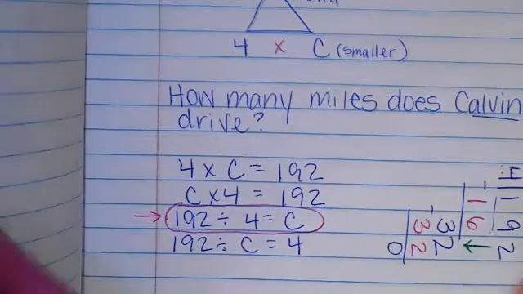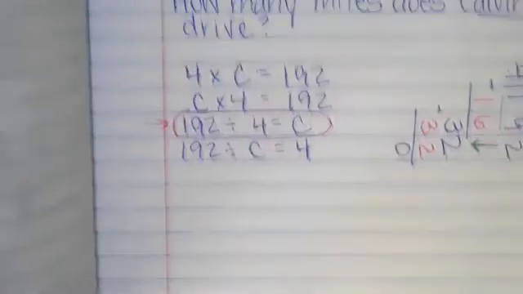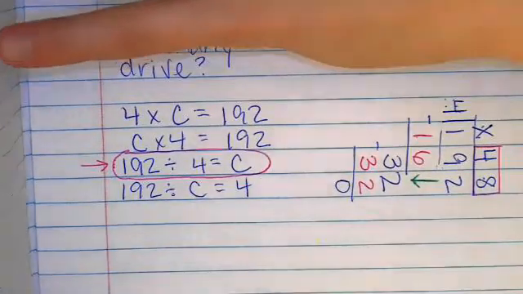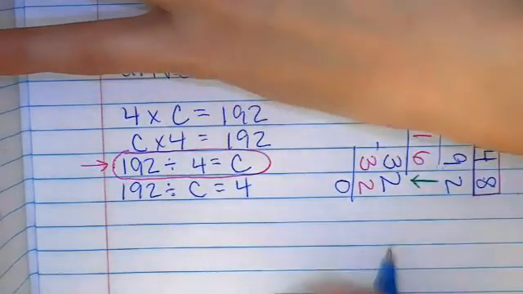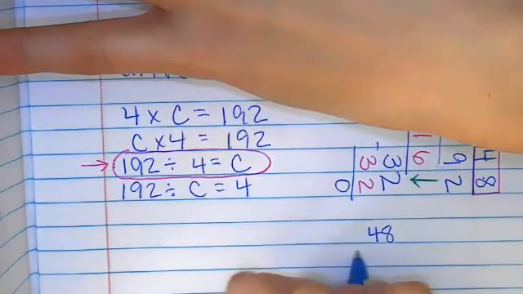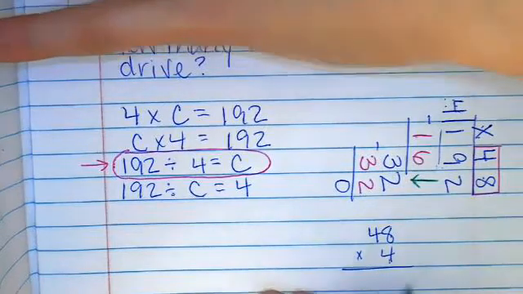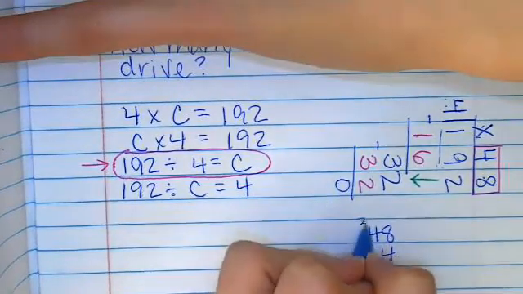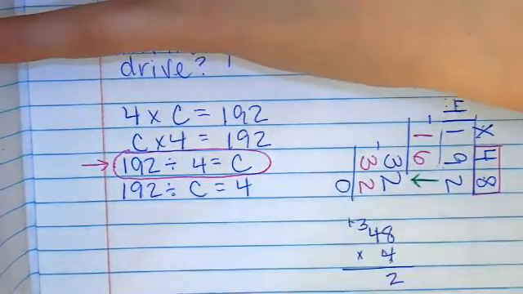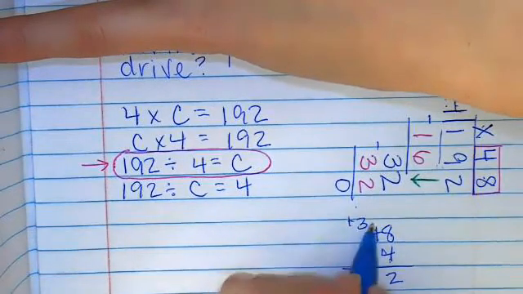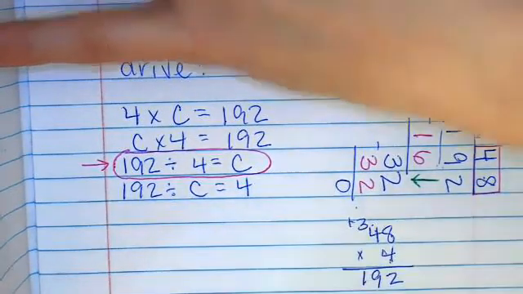I could even check my problem by using the inverse of division, multiplication. I think I'm going to do that just because I want to be sure that I am doing my work accurately. So 48 times 4. 4 times 8 is 32. Drop the 2, regroup the 3. 4 times 4 is 16, 17, 18, 19, 192.